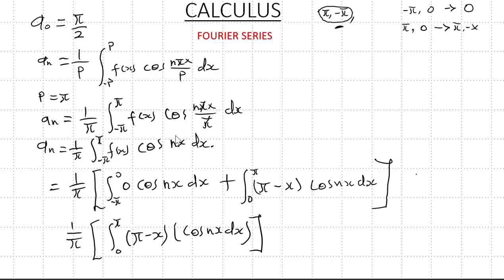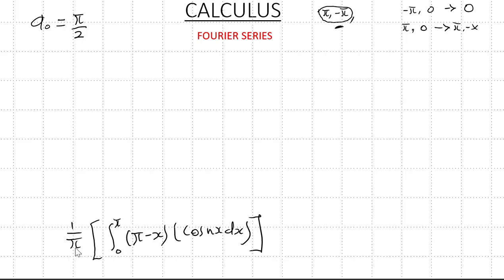Let's clean up this place so that we can continue. Solving for this, we can see that this particular function is of two functions. Here it's one function, and this one is also one function. Since there are two functions multiplying each other, we can use integration by parts. We are going to use integration by parts to compute this.